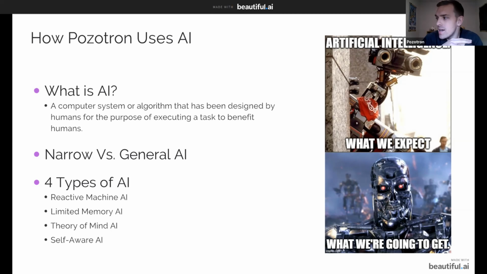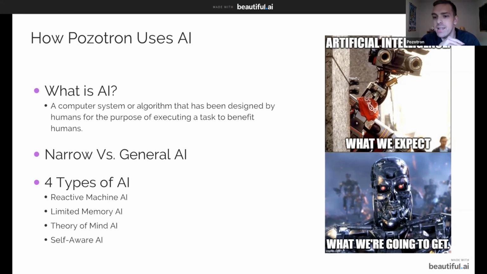Theory of mind AI is where machines get essentially true decision-making capabilities that are similar to humans. This does not exist. Machines with theory of mind will be able to not only take inputs that are factual, but also take people's emotions into account and then make decisions based on those emotions. Droids in Star Wars, for example.